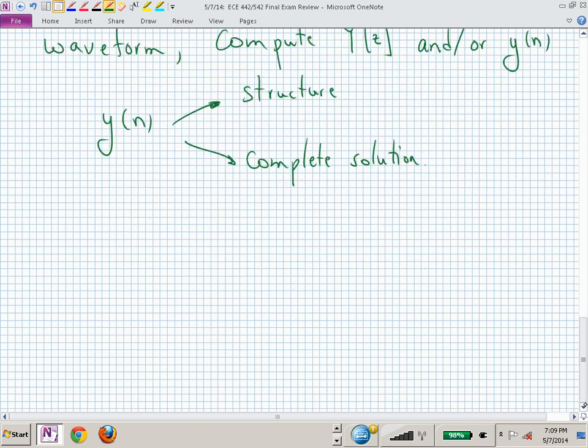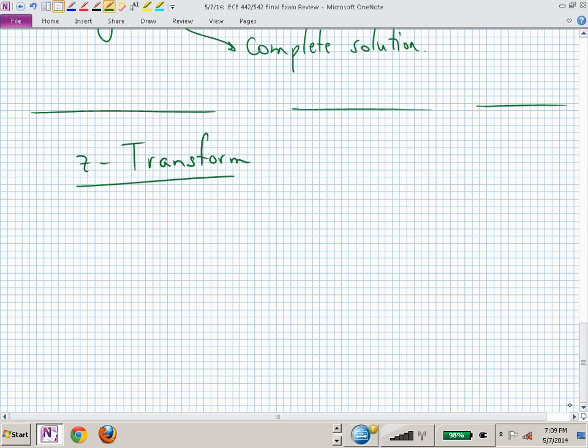Now, that being said, we can also just talk directly about Z transforms, and there I could ask you to Z transform signals or waveforms or systems.